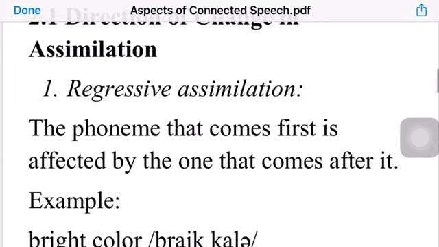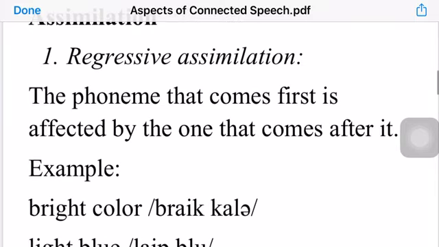So the first type of assimilation in terms of the direction of change is called regressive assimilation. Regressive means تراجعي أو رجعي. It means that the direction of change will move from the second to the first to make the first one pronounced as the second.